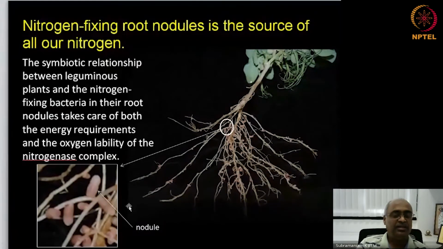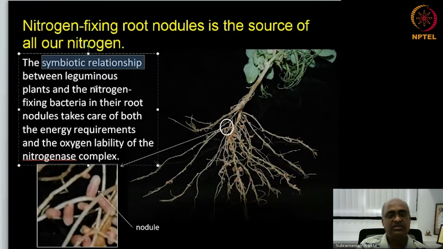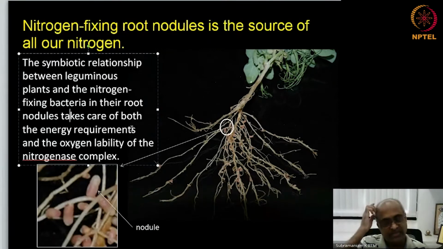Okay. And they exist, as shown here, in a symbiotic relationship with the leguminous plants. And here in the symbiosis, the gain for the plant is fixed nitrogen, that is in the form of ammonia for use. And the benefit for the bacteria is the root provides all the energy requirements for reducing nitrogen. And also the nitrogen reducing enzyme, nitrogenase, is very sensitive to oxygen.